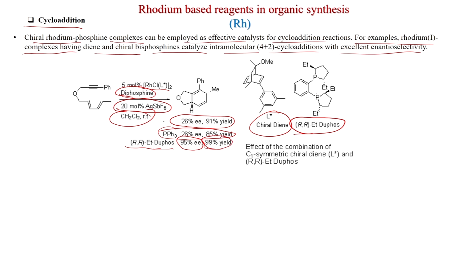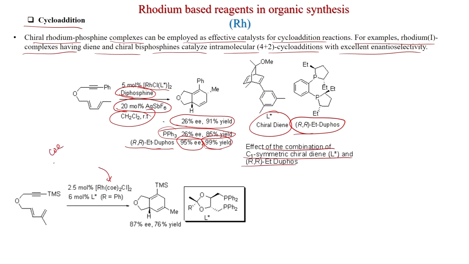So, both are important. COE is cyclooctene. Here the diene is not present, so phosphine is important, with 6 mole % L star, that is R equal to Ph. So, almost two phosphine groups are present, and this product is formed.